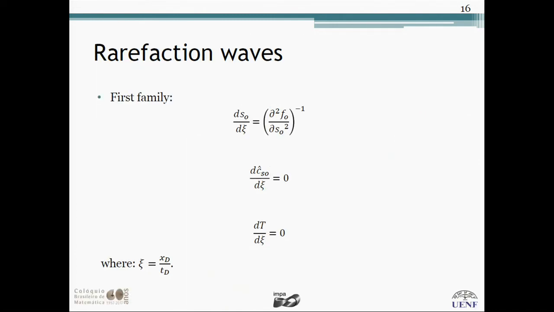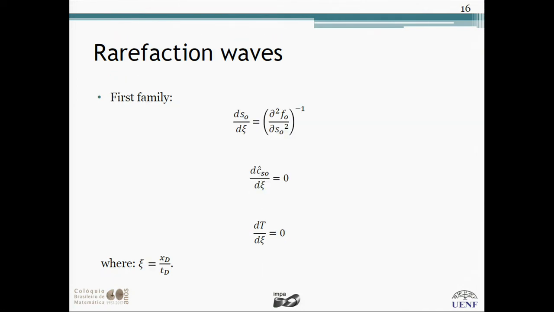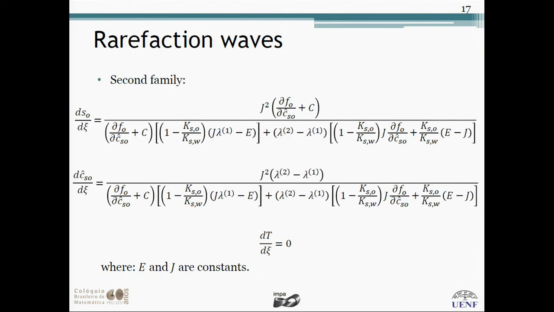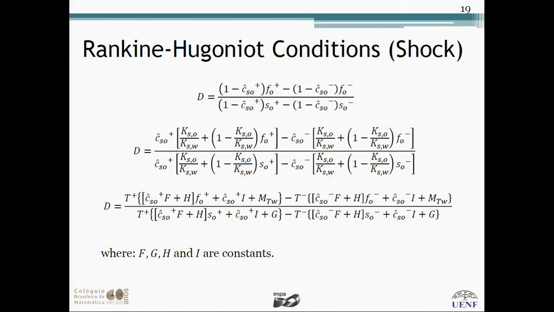And here just showing the first family rarefaction to the saturation. The saturation and concentration we see in both families, temperature is constant. And the third family, it's a linearly degenerate wave. So this gave us the idea, also the Rankine-Hugoniot conditions, the shock conditions.